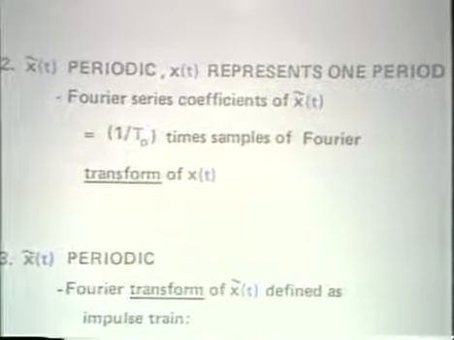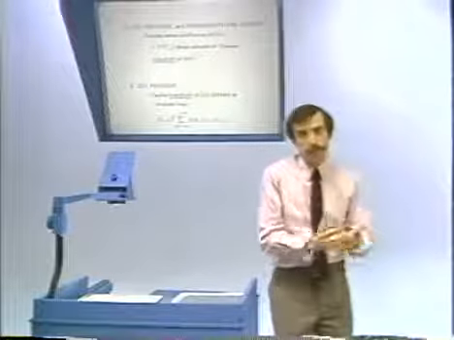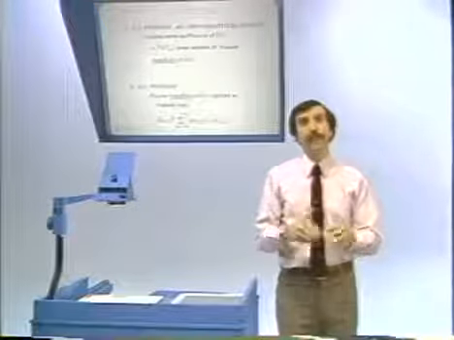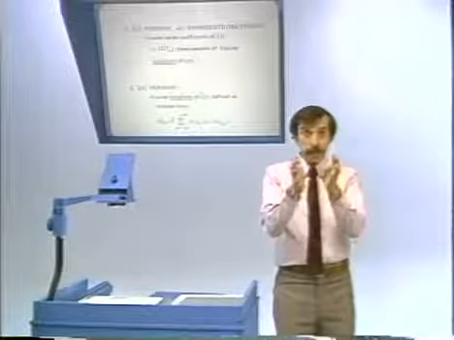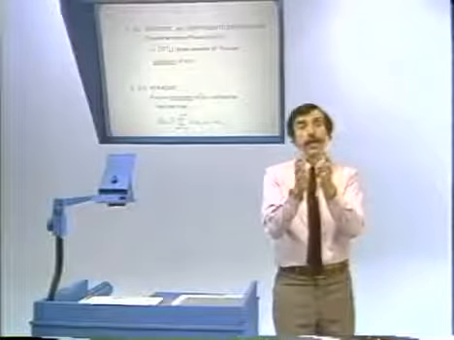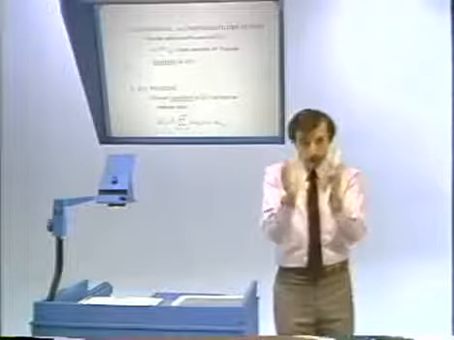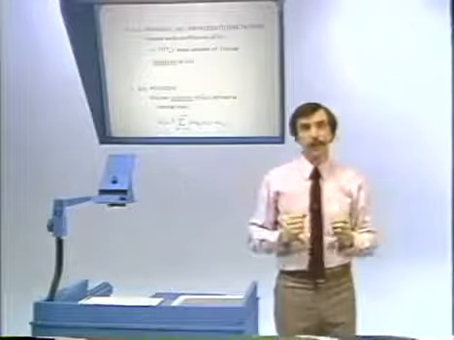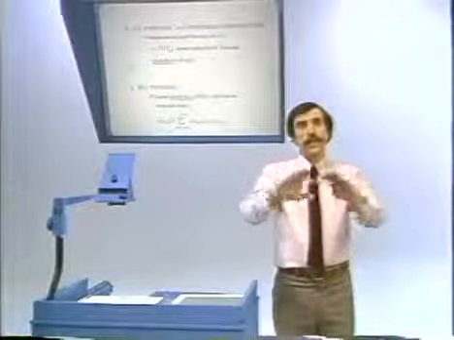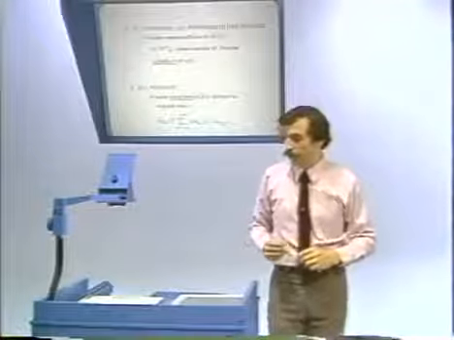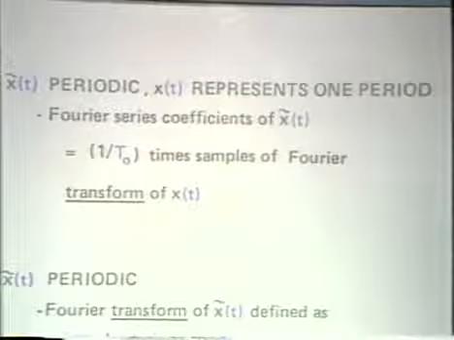Well, that flows easily from all of the things that we've built up so far, because the Fourier transform, essentially by definition of the way we developed it, is what we get from the Fourier series coefficients as we focus on one period and then let the period go off to infinity. Well, that's looking at one period. The Fourier transform of that then is the envelope of the Fourier series coefficients. And so in continuous time, we have this relationship.